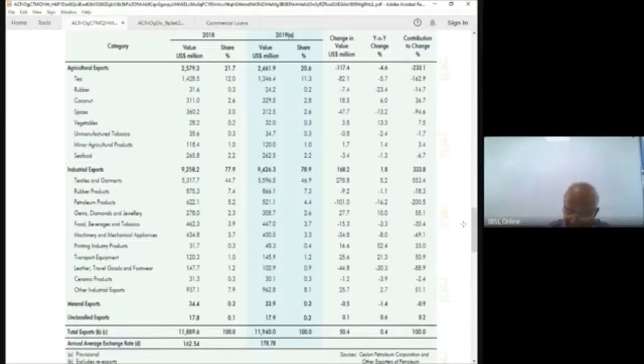Exports by destination: 25% of our exports go to the USA, mainly garments. Another 17% go to EU countries, European Union. 5% to Germany, 6% India, 10% the UK, Middle East 11%, Asia other 10%.